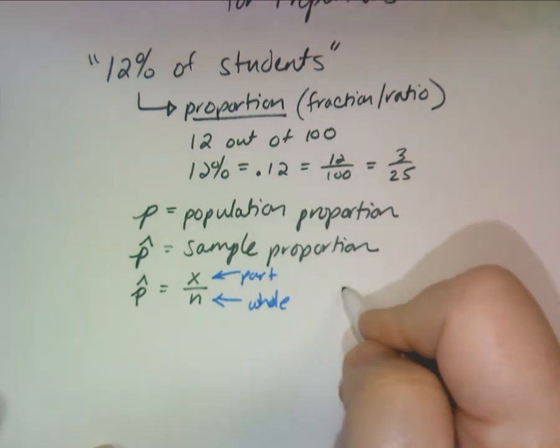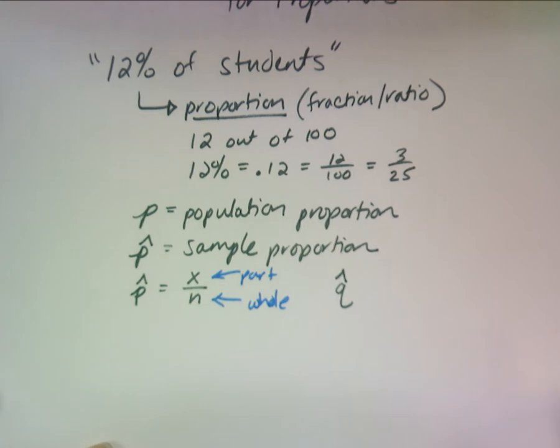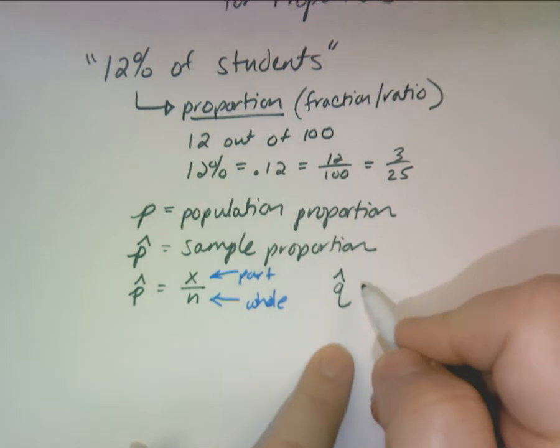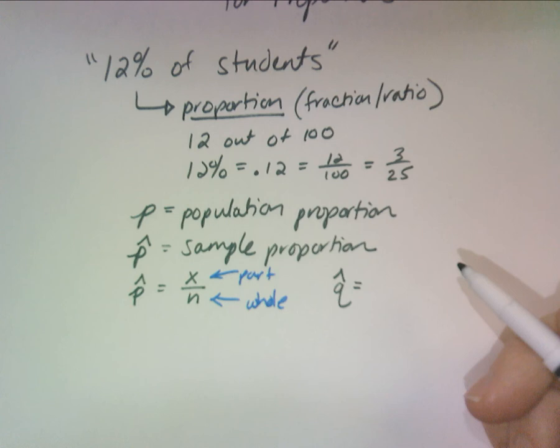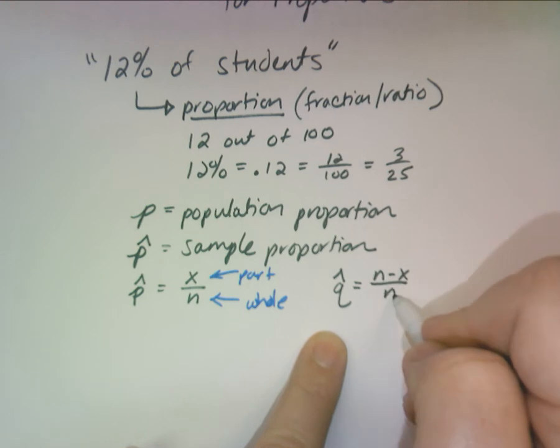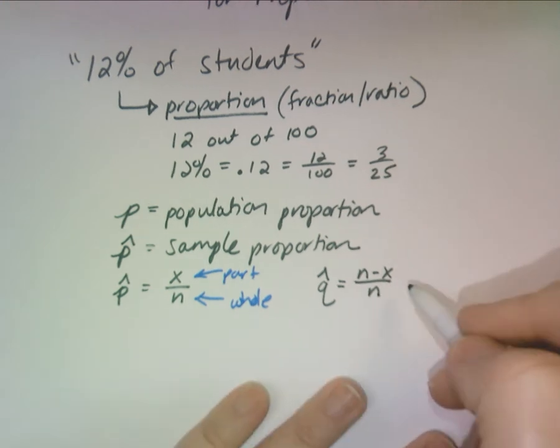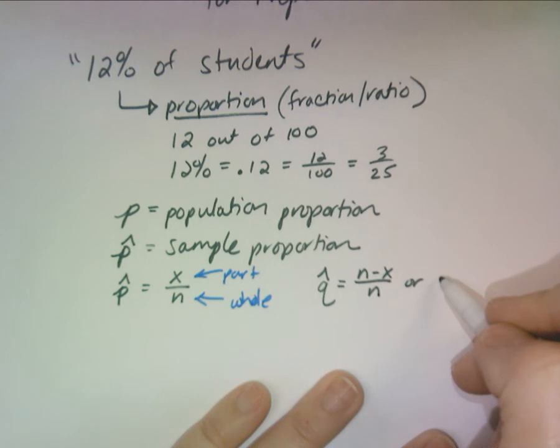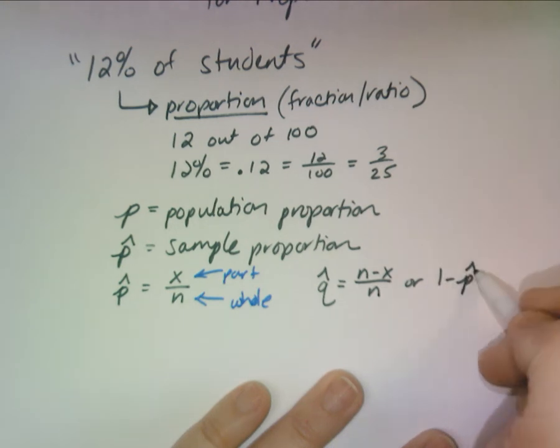You also have to find what's called Q hat. I'm going to give you the formula for Q hat, but then I'm going to tell you how to figure it out in one second because it's much easier. Here's the formula: N minus X over N, or 1 minus P hat.